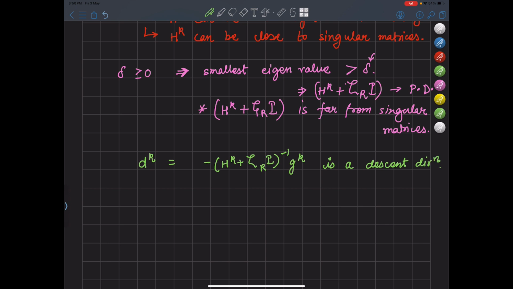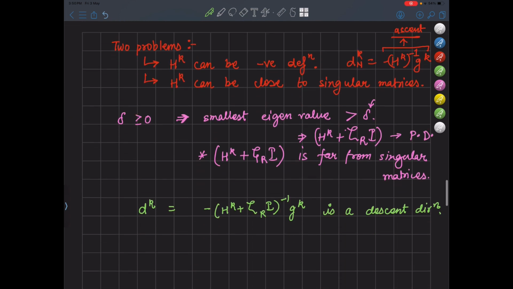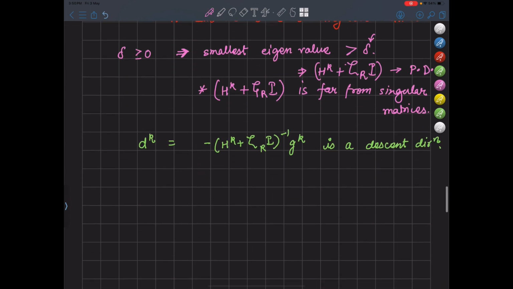It always is a descent direction, and there will be no numerical difficulties in calculating its inverse because it is far from a singular matrix. There is one more modification that we do, which is quite logical: we do line search as well.